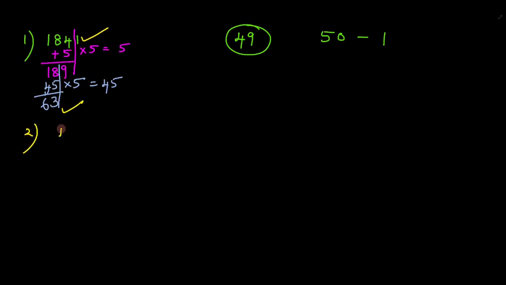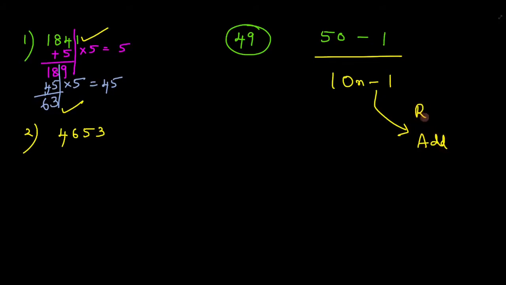Second one, 4653. How do we apply this rule? Here we have 10n minus 1. When there is minus 1, we add in the rule. Multiply, then add.